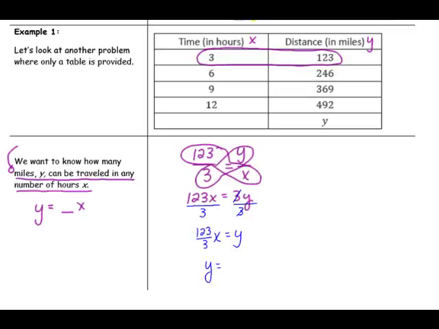Y equals 123 divided by 3 is 41x. This is our linear equation relating the number of miles, y, that can be traveled in any number of hours, x.